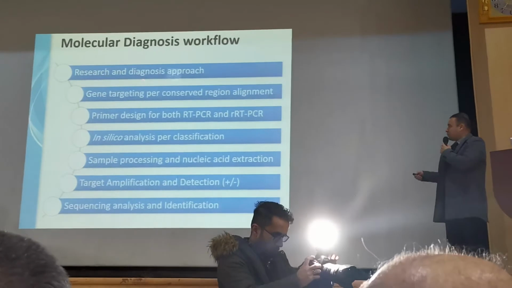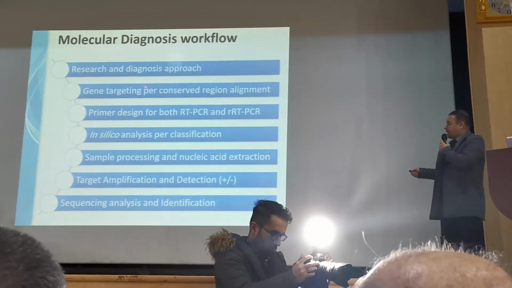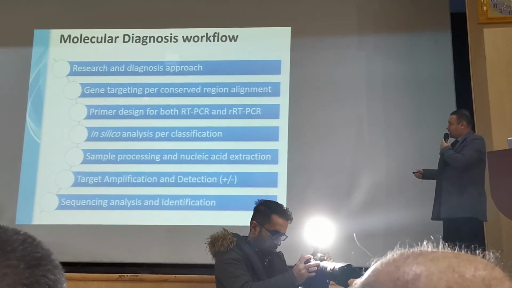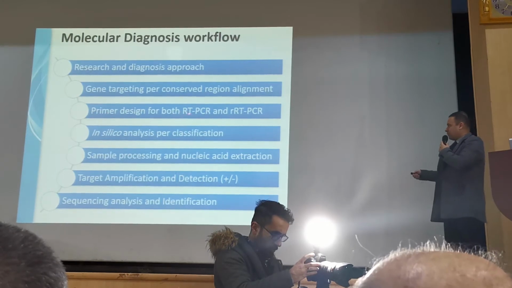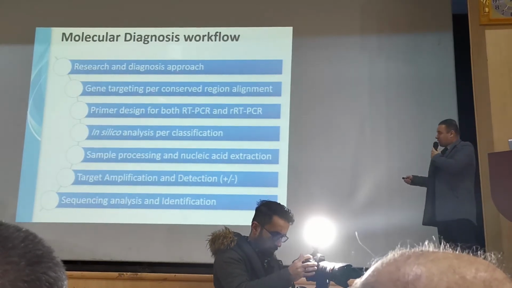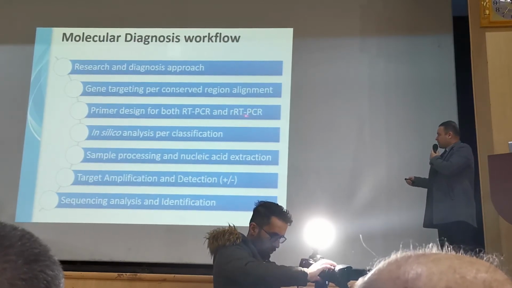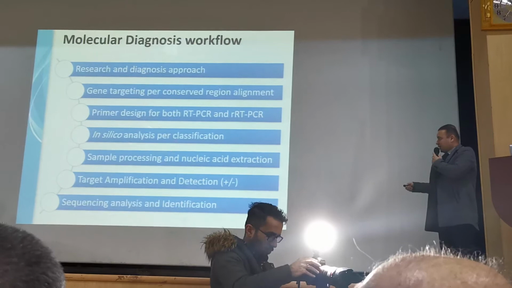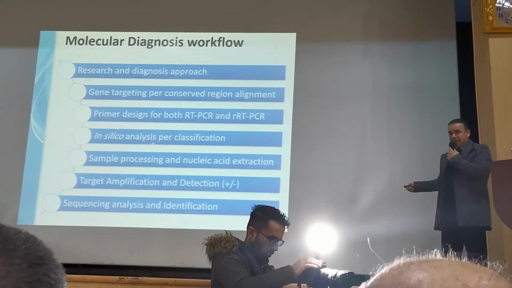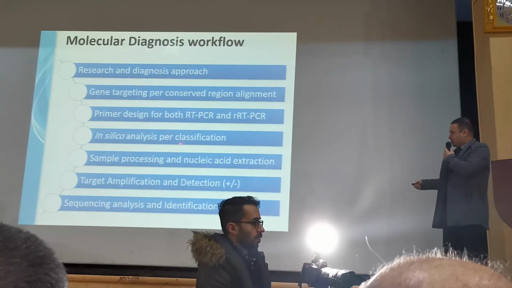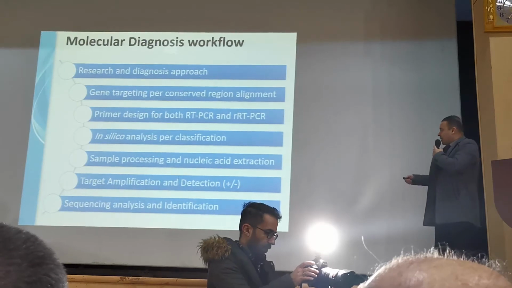For example, doing a research and diagnosis approach, by selecting any of the genes according to the multiple sequence alignment, and then targeting some of those genes to do primer design for both reverse transcriptase PCR and real-time reverse transcription PCR, and then doing in silico analysis to see that these primers are exactly annealing to those sites, not to other, for example, selected viruses.